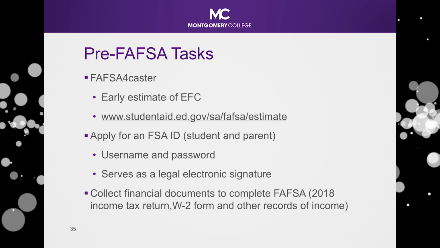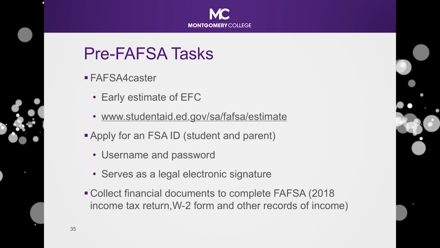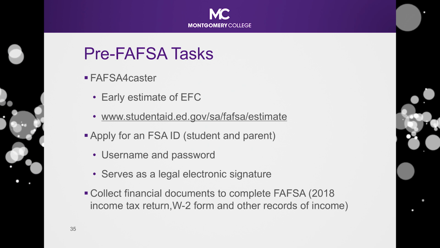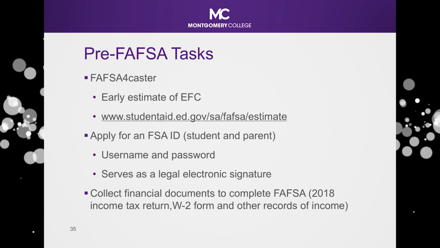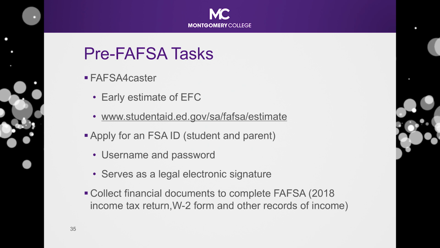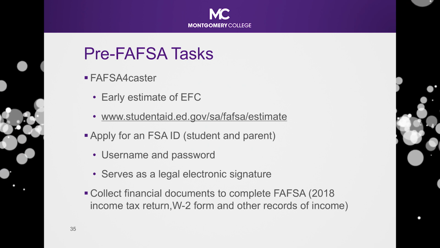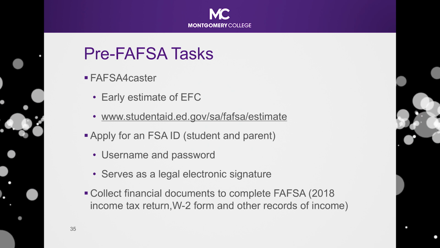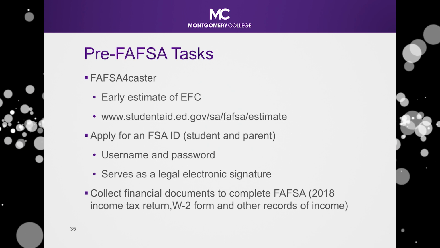If you decide to go to school, parents, that's still your electronic signature. Collect financial documents to complete the FAFSA, 2018 income tax return, W-2. In other words, it's what you can do ahead of time so you can get in practice for doing the FAFSA.